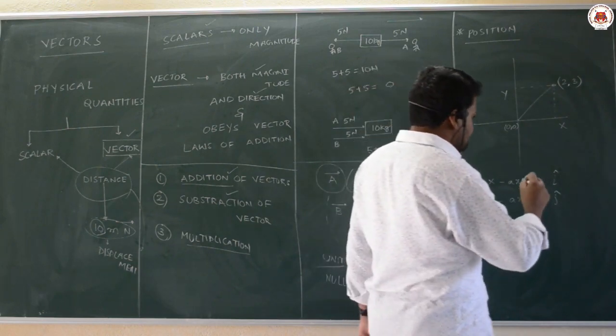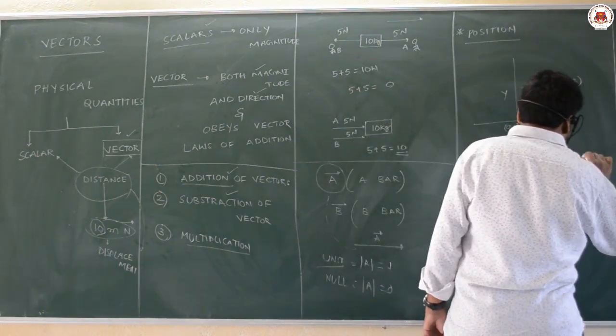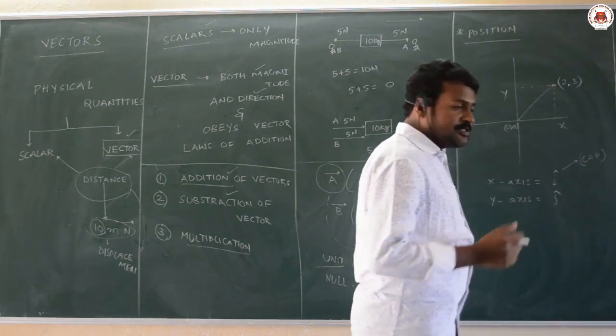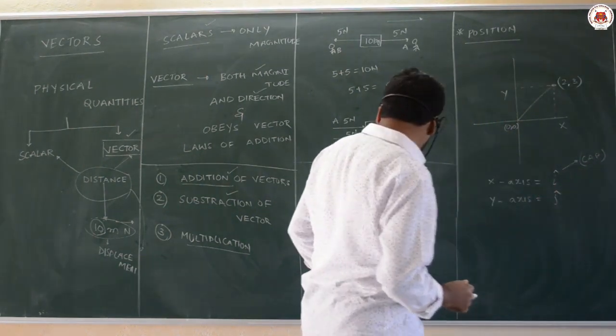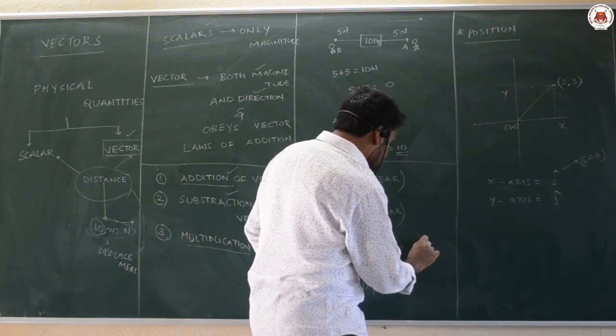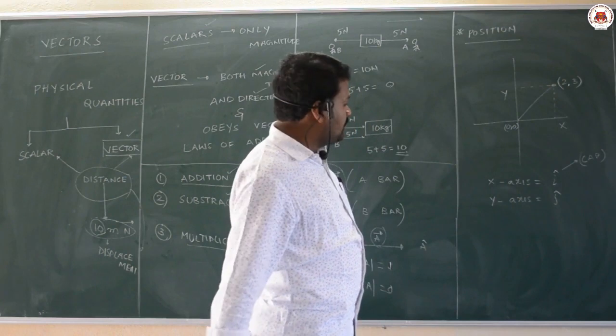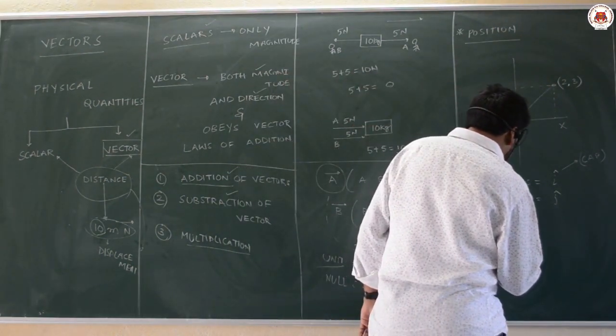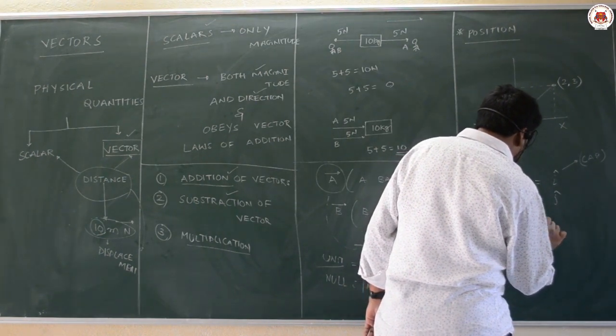We pronounce it as cap. Cap indicates a unit vector. This is the representation of a unit vector. Suppose if A is a unit vector, I will write it like this, A cap. Next, along the z axis we will take it as k cap.